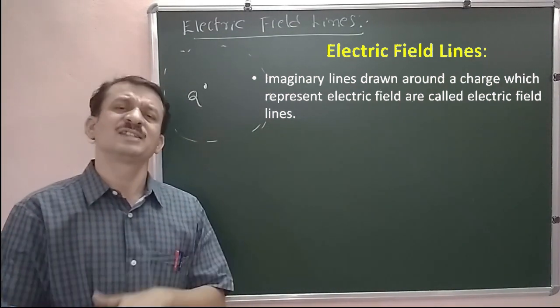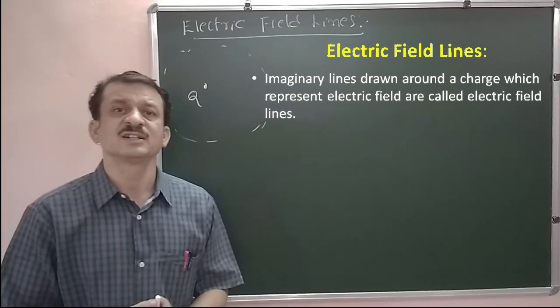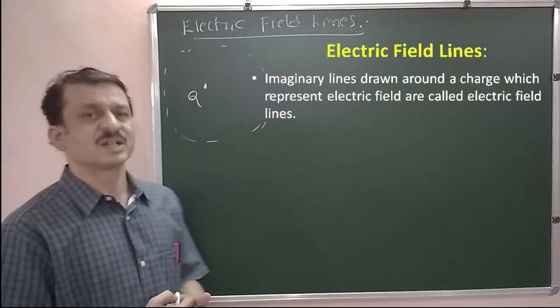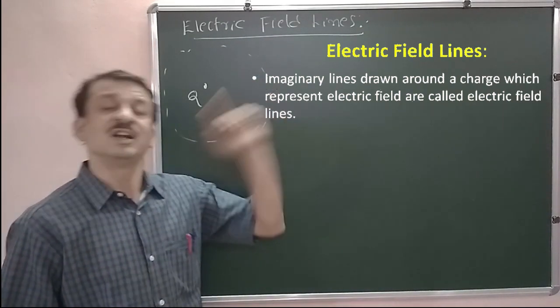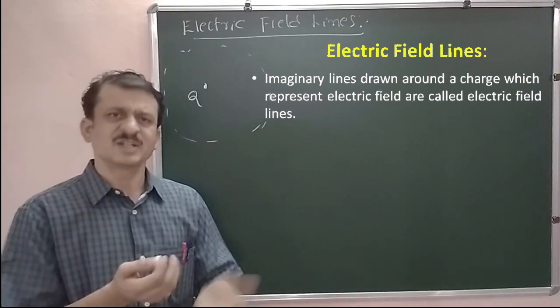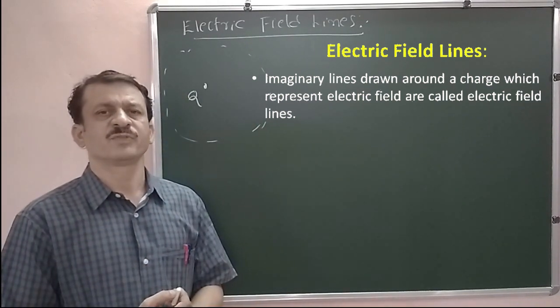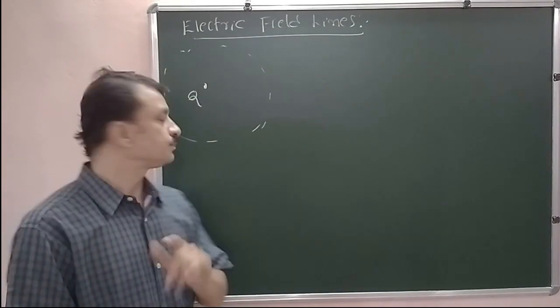The imaginary lines drawn around a charge to represent the electric field are called electric field lines.